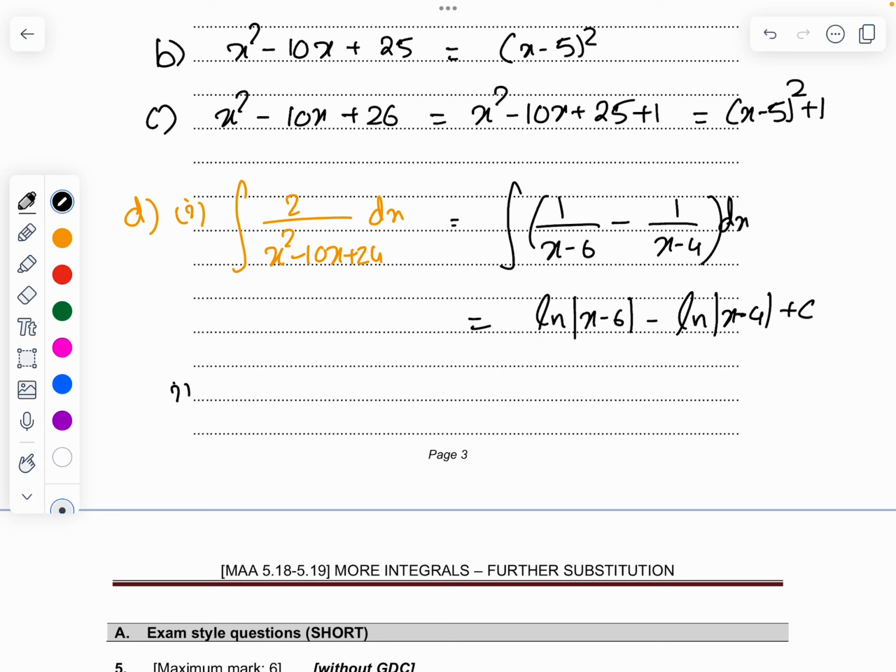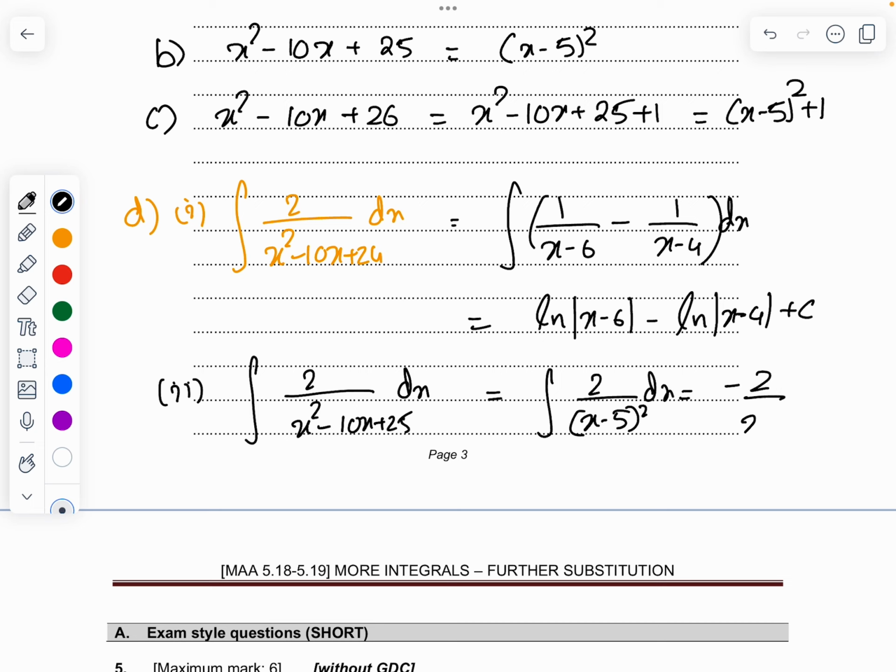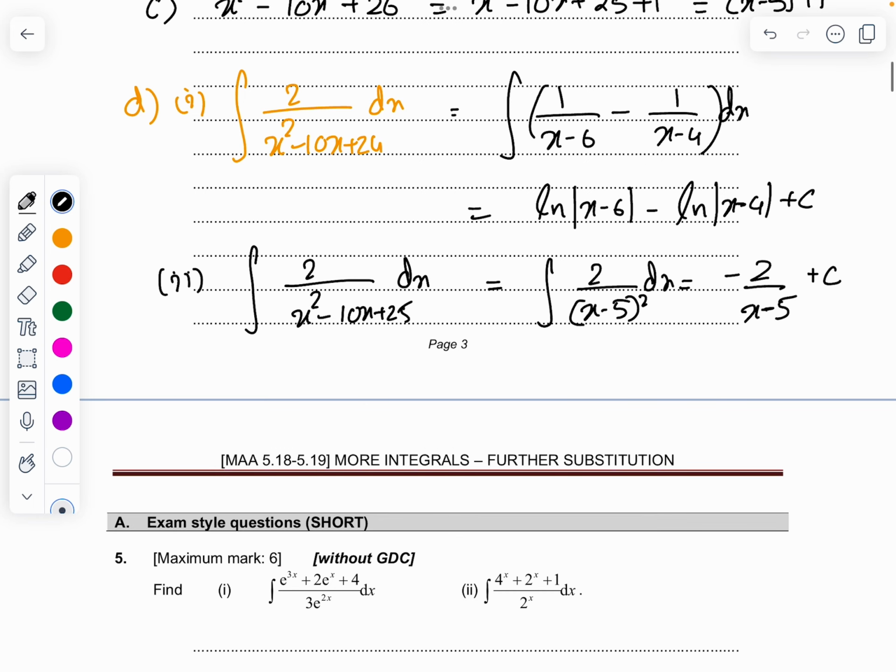For part 2, integral of 2 upon x square minus 10x plus 25 dx. So it is integral of 2 upon x minus 5 whole square dx, which is minus 2 upon x minus 5 plus c.